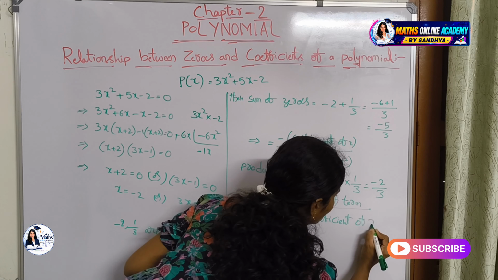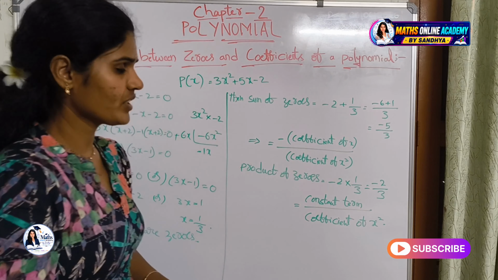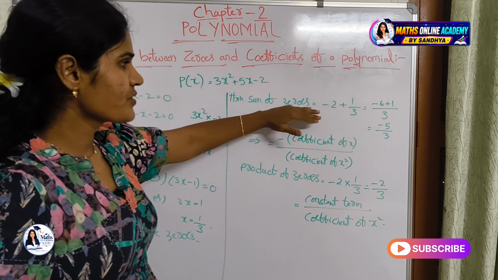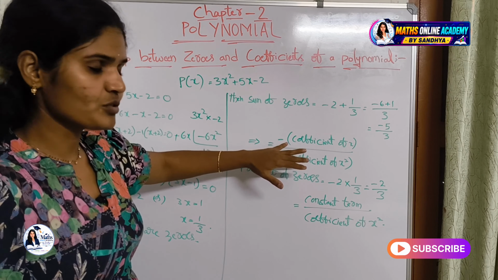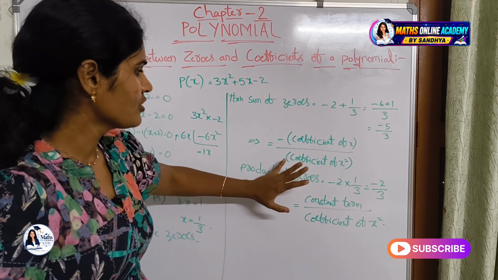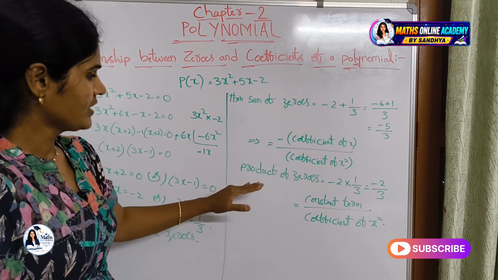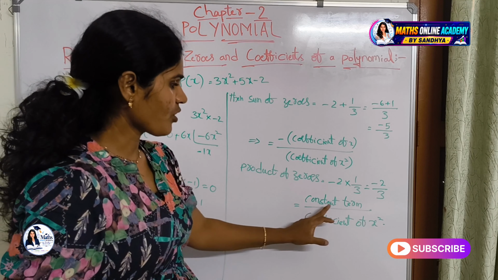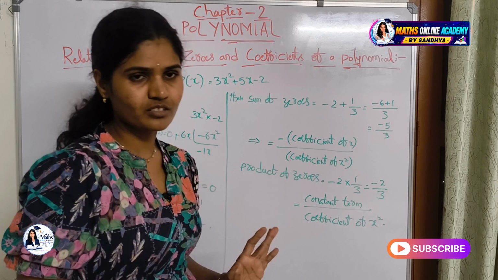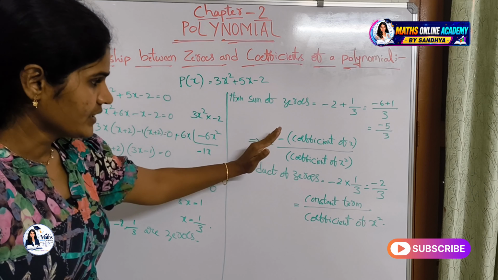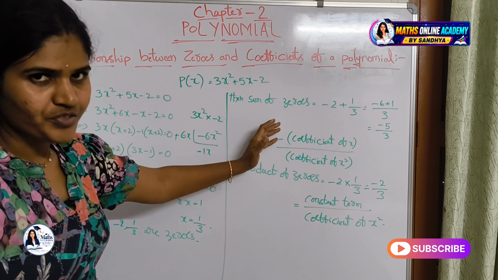So sum of zeros equal to minus coefficient of x by coefficient of x square, and product of zeros equal to constant term by coefficient of x square.